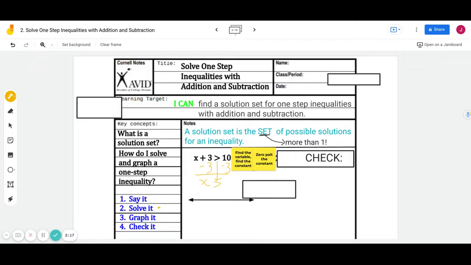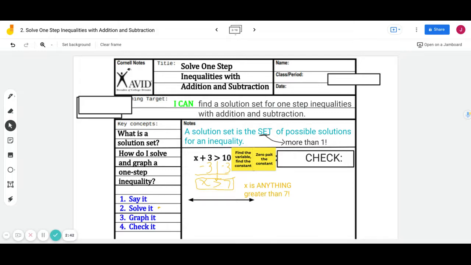And then positive 10 and negative 3 make positive 7. So x is greater than 7. What that means, we talked about this in the last lesson, is x is anything that is greater than 7. So 7 and 1/10, 8, 9, 10, 10 and a half, any of those things that are greater than 7.